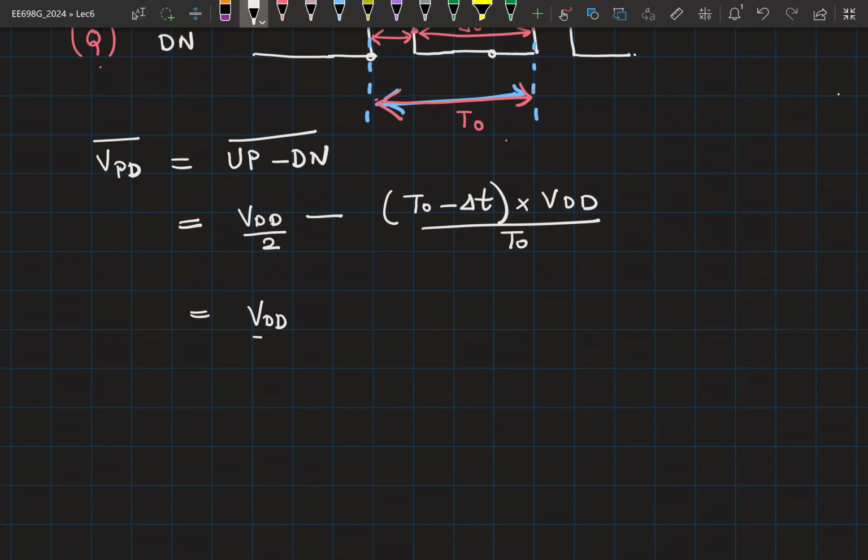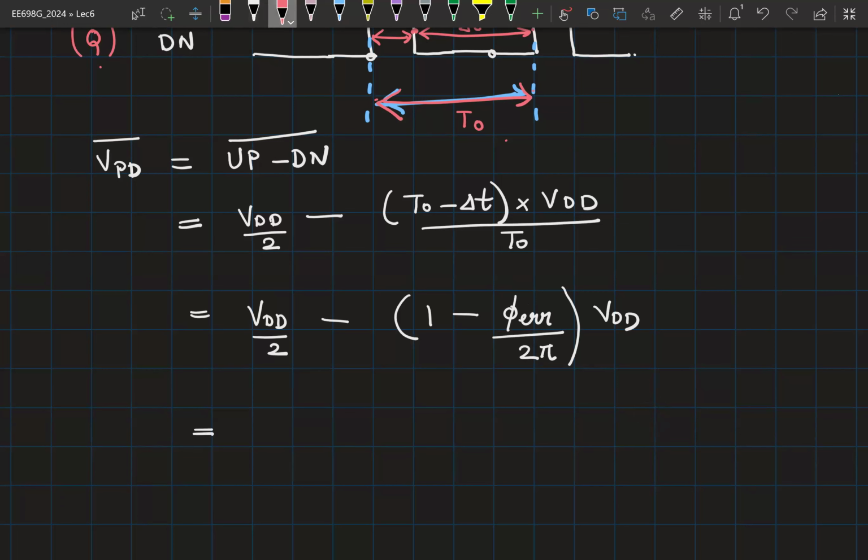So this is VDD by 2 minus T naught by T naught gives you 1 minus delta T by T naught. Delta T by T naught I can replace as phase error divided by 2 pi. So this into VDD. So you have VDD by 2 minus VDD. Right?